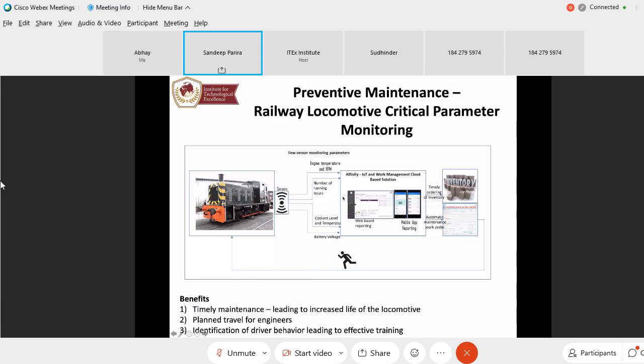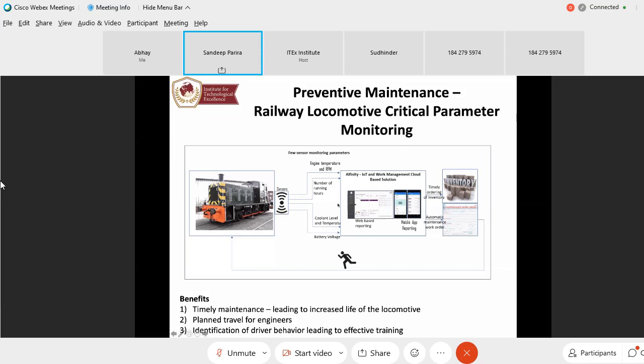That we got this information and put it on our web-based cloud. We also got from the sensors the battery voltage, and some of the parameters from the engines, for example the oil temperature of that one.